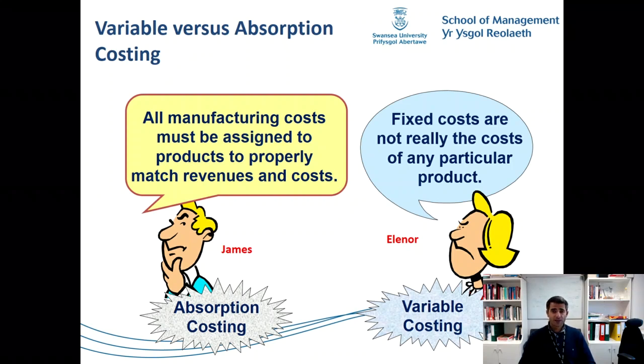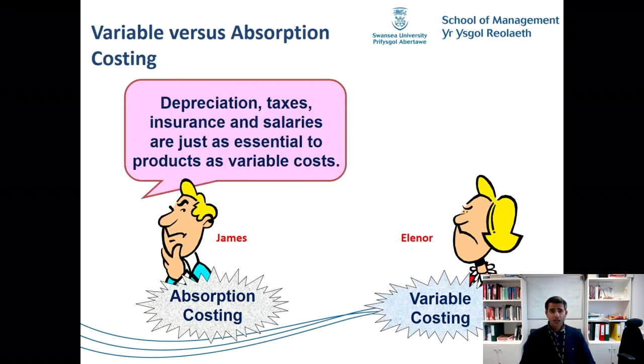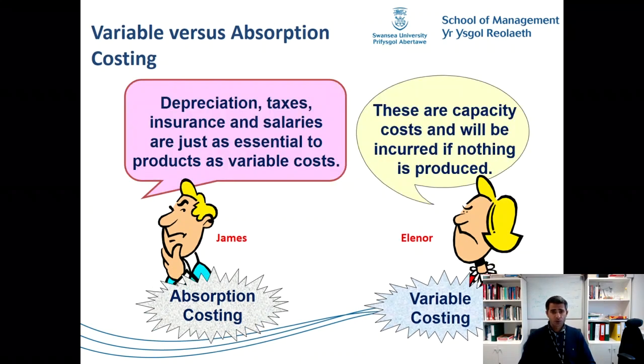If we look at variable costing, we look at only a particular part of cost. In absorption costing, you include all costs, including depreciation, tax, insurance, salary, etc. But in variable costing, you just need to include the cost which is incurred.